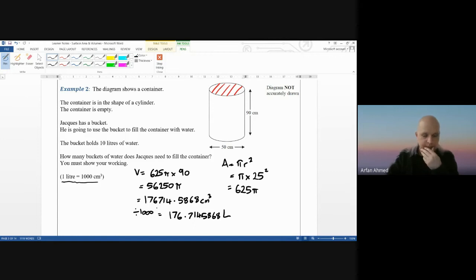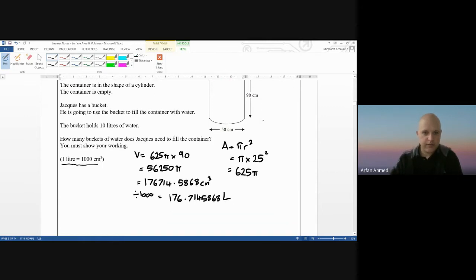What's next? A bucket holds 10 liters of water. So how many 10s go into that? Let's use that. Divide by 10. So it's going to be 17.67145868, and this will be the number of buckets.